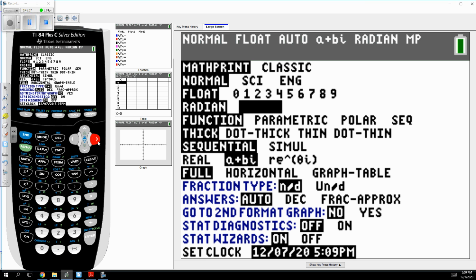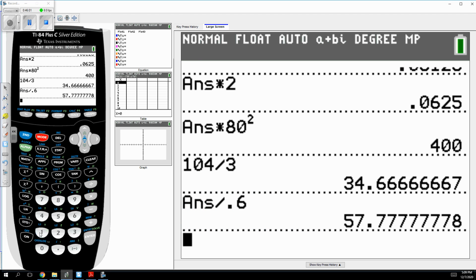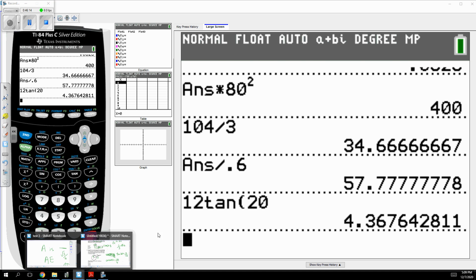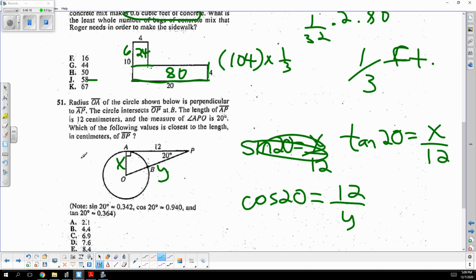I should be in degree mode. I must have changed for class. So 12 tan 20 is 4.36. And y would be 12, switch places.